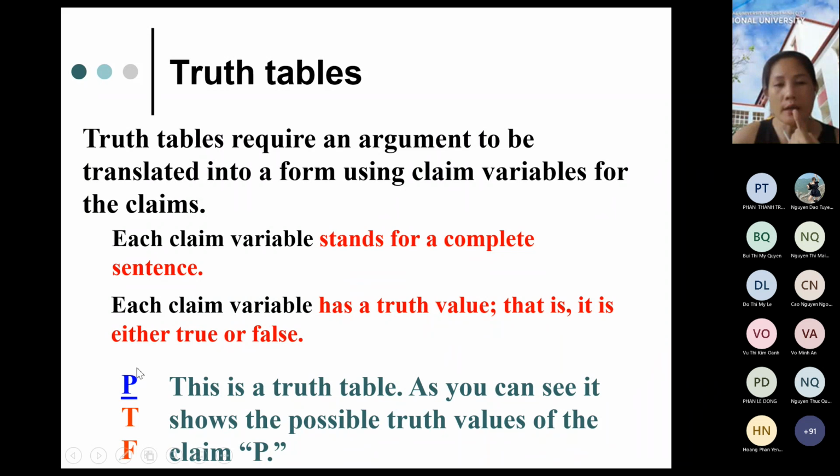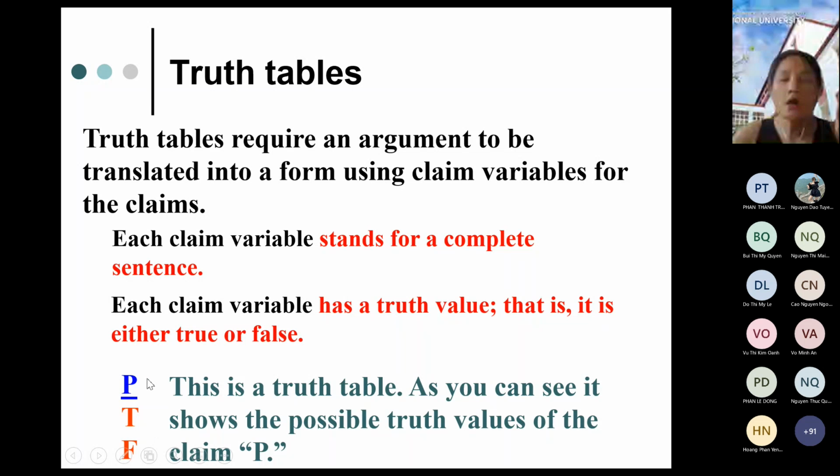The blue one, I highlighted in blue to indicate that this is the name of the variable. And then I separate it with a line, okay? The name is here and the ones below are the possible values of that variable. Either it is true, T, or false, F. So you can make it short as T or F like this.